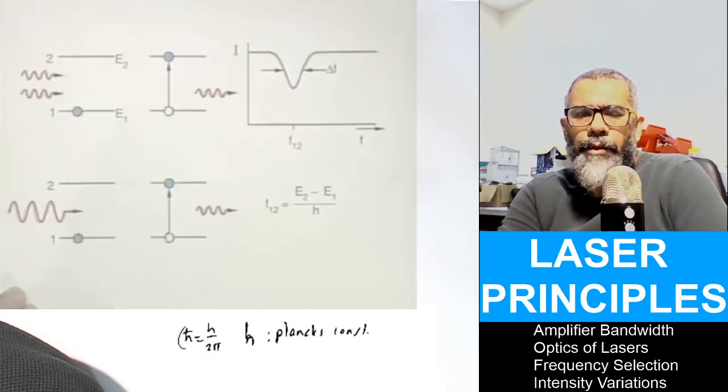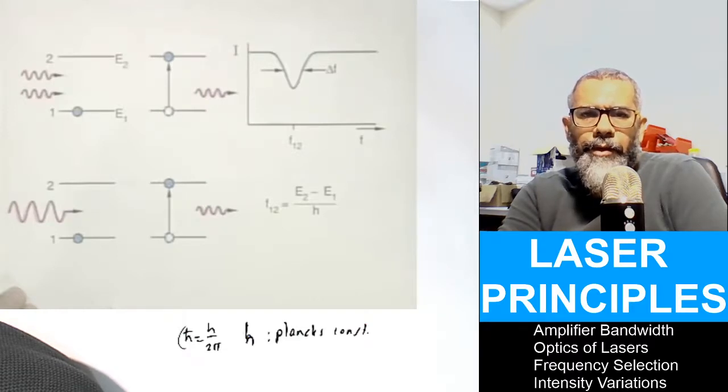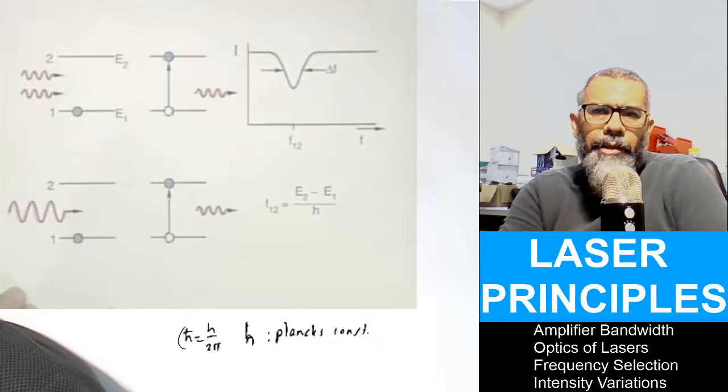But if you look carefully over here, in this region the frequency of the photons does not match up at all. But if it becomes close to the value, somewhere over here, the frequency is not exactly equal to f12. What happens in that case?